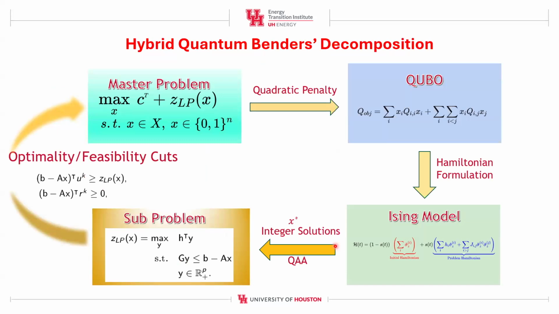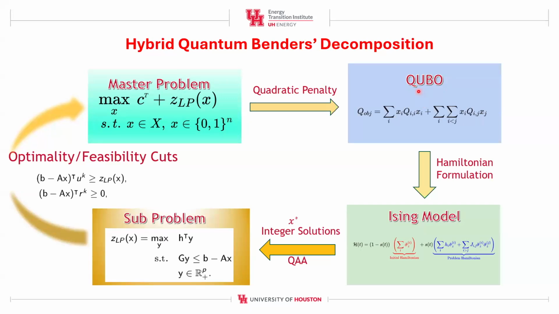So the idea is that we have a Benders decomposition. For Benders decomposition, we have a master problem and a subproblem, and the subproblem gives us a cut to help us cut off the integer solution. For this master problem, we need to convert it to a QUBO problem. The master problem is a constrained problem, so we need to convert the constrained problem to an unconstrained problem by using the quadratic penalty, so that we have this QUBO problem.